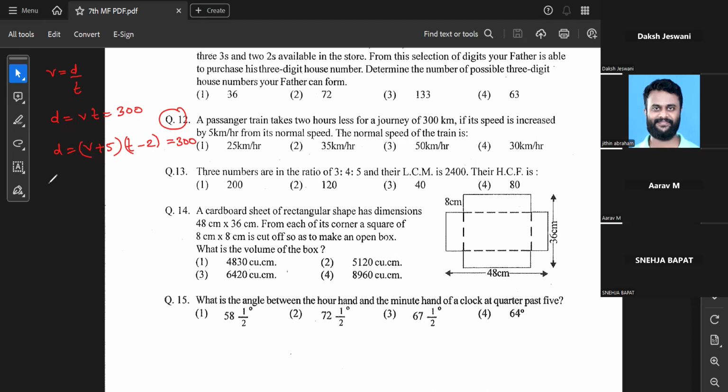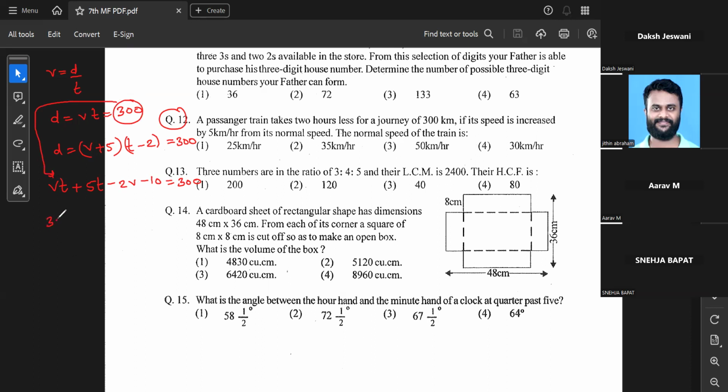Now, what you have to do, you have to open the bracket. So when I open the bracket, I'll get Vt plus 5t minus 2v minus 10 is equal to 300. Now, instead of Vt, I'll substitute 300 because 300 is equal to Vt over here.